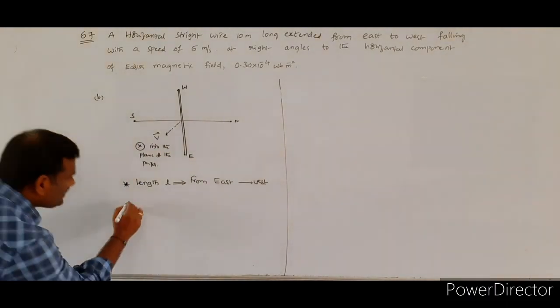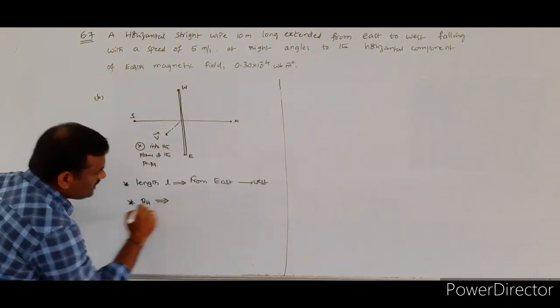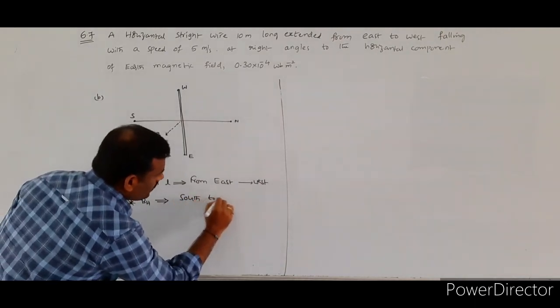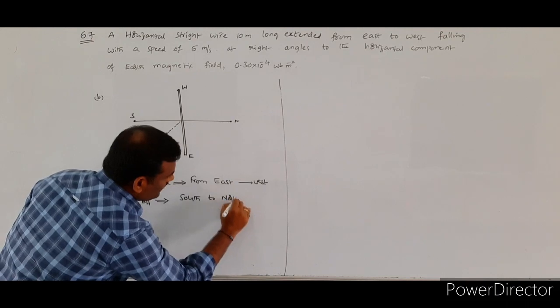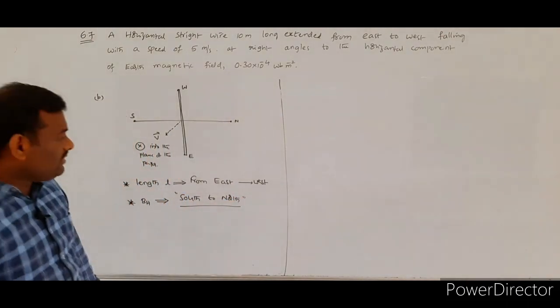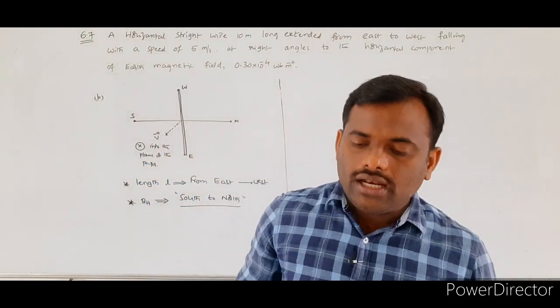Next, what is the direction of the BH? I told you the direction of the BH is always from south to the north pole.